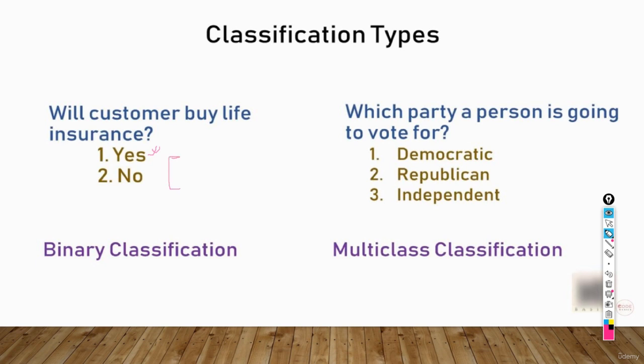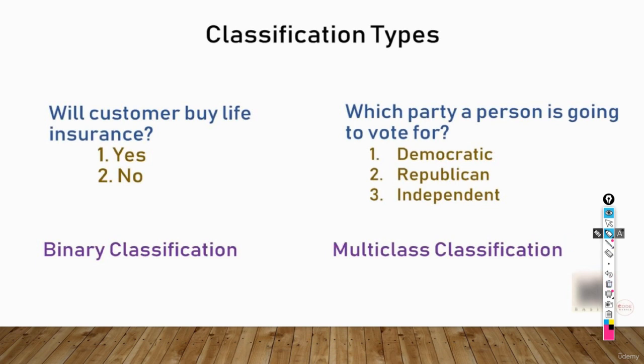In the insurance example we have two classes: yes is one class, no is another class. Over here, Democratic is one class, Republican is another class, Independent is another class. So here we have a multi-class problem. Whenever you have more than two classes, that is a multi-class problem.